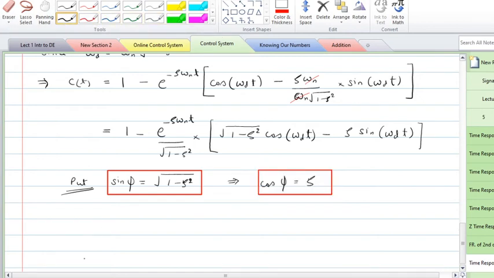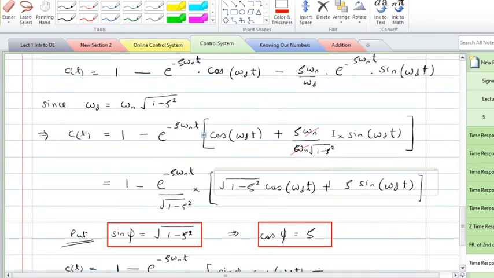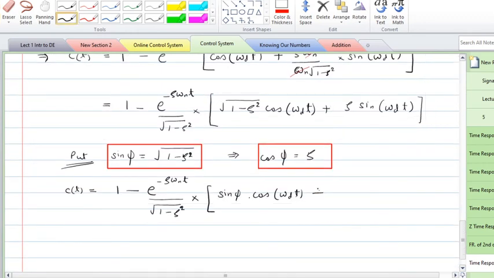Okay, so we get C of t is equal to 1 minus e raised to power minus zeta omega n t divided by under root 1 minus zeta square multiply sine of phi cos of omega d t minus, taking minus as common actually, so this should be plus here, cos of phi sine of omega d t.